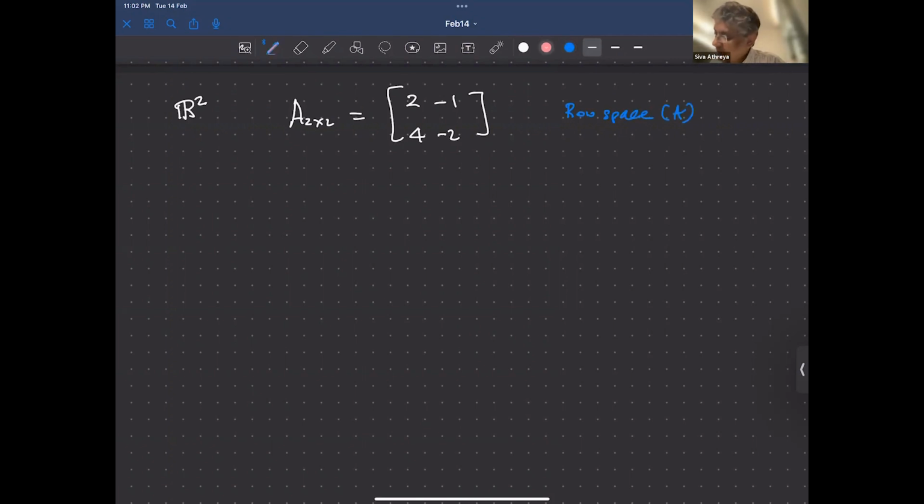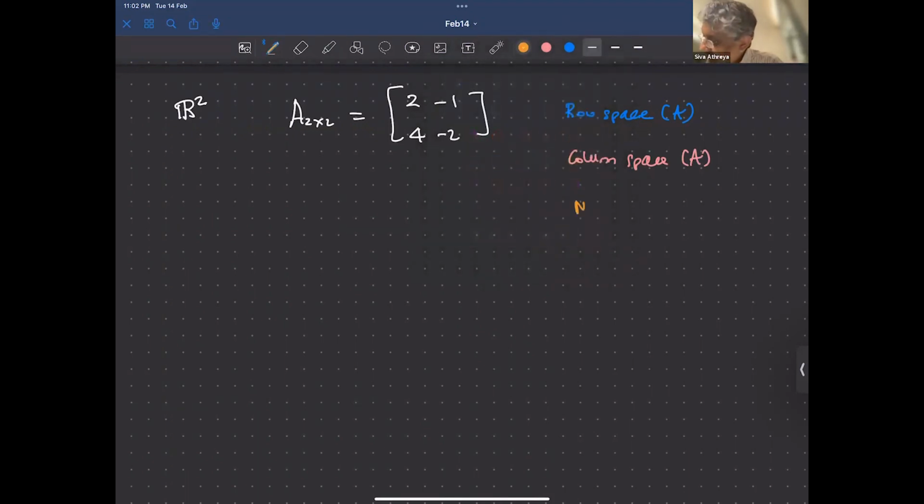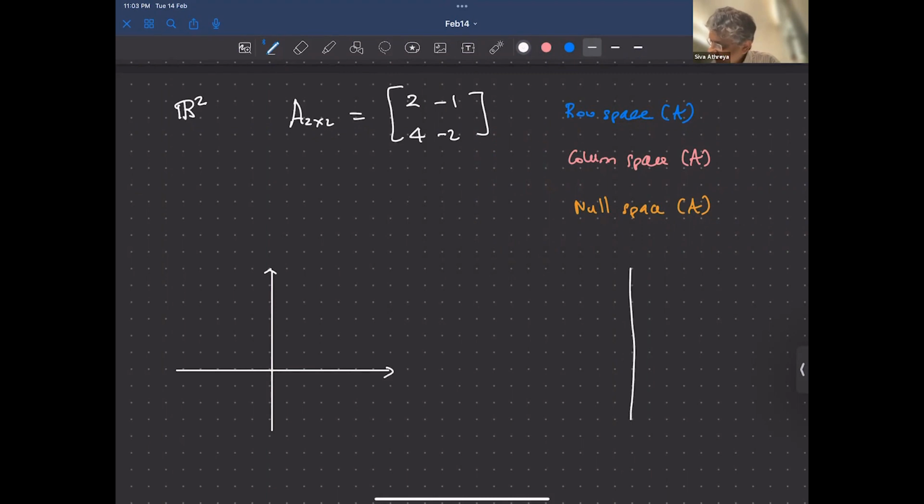Then the column space of A in pink, and the null space of A in orange, and let's see what happens. Let's draw the 2 axes here.